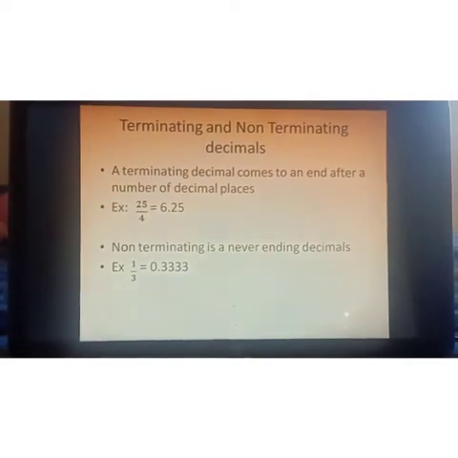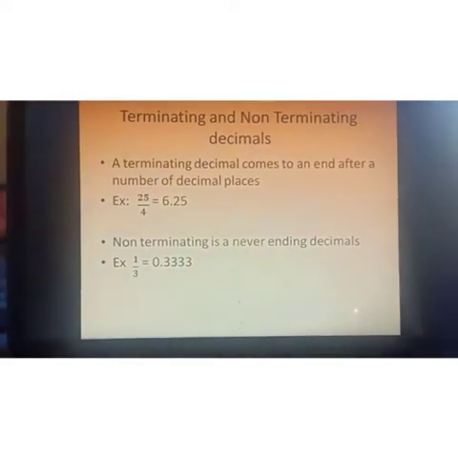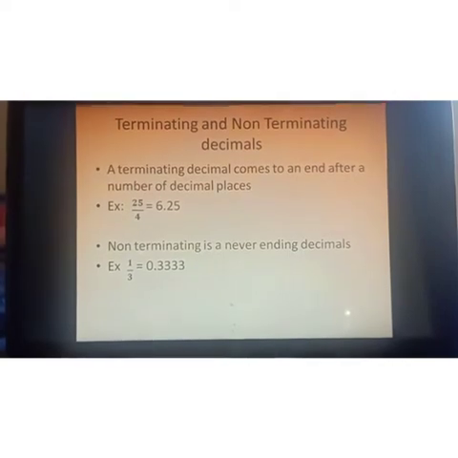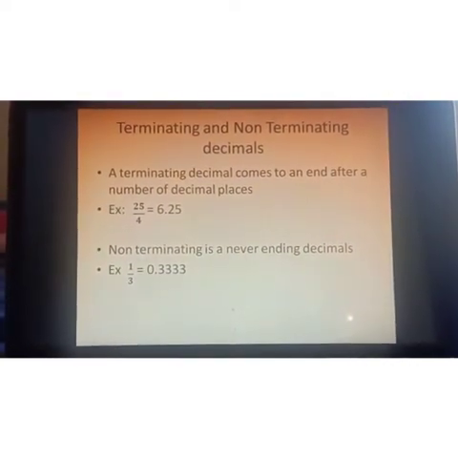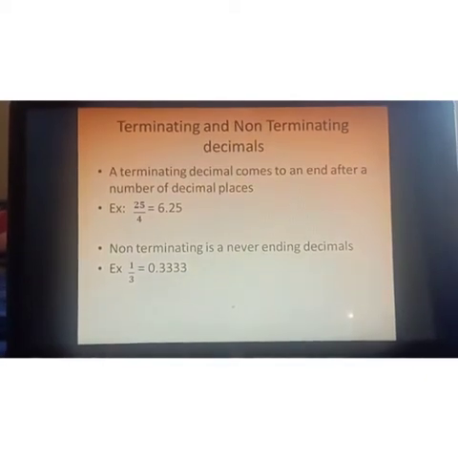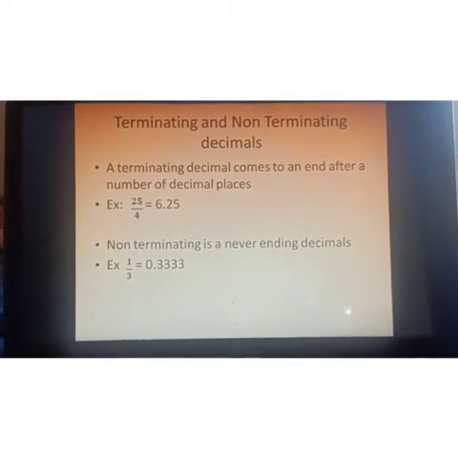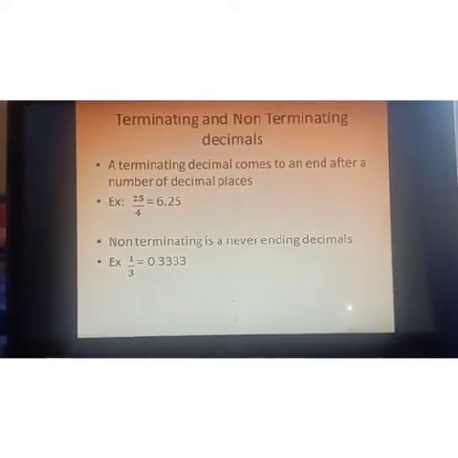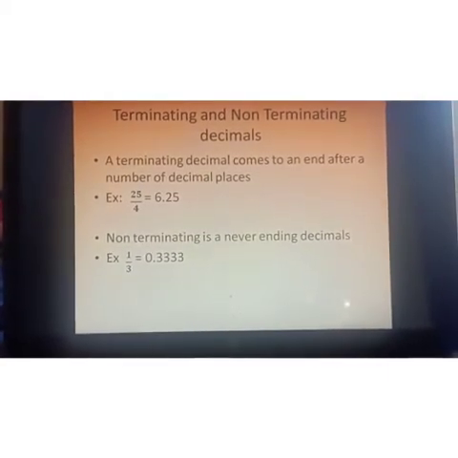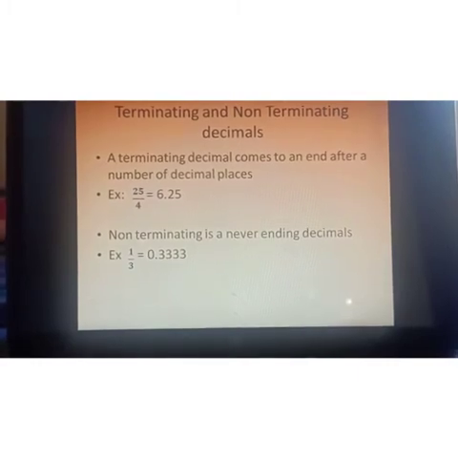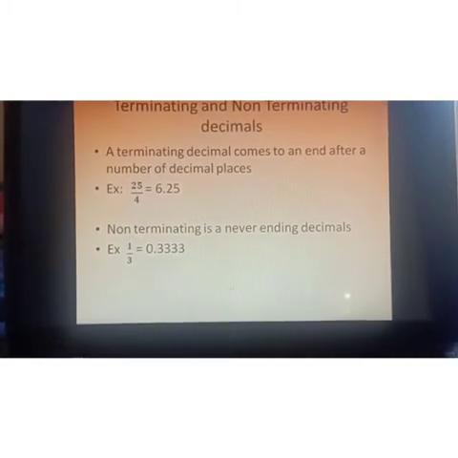Let's talk about terminating and non-terminating decimals. We will see them briefly in the next session, right? Terminating decimals come to an end after a number of decimal places. It means that if we divide a certain number by some number, if the remainder is 0, then it is called a terminating decimal. Non-terminating is a never-ending decimal, right?